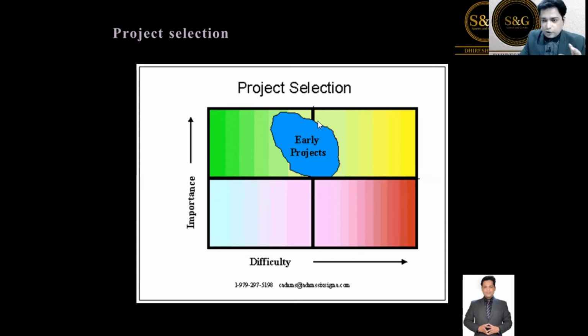So we should focus on a project which is moderately difficult, which is important for the business and for the customer, and we can resolve. We can utilize our capabilities of statistical analysis and complex tools, and then we can resolve that problem. So this also is a very important criterion for us to understand when we select the project.